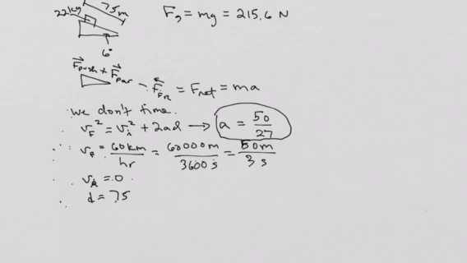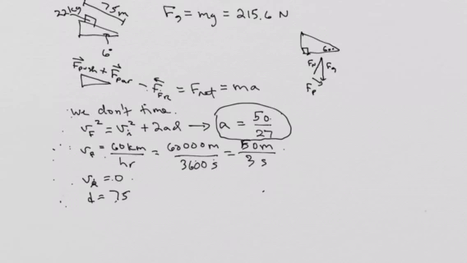Let's do some more drawing. And that is 90 degrees. This is 6 degrees. And I'm going to do what I did before. I'm going to orient my three forces. Force of gravity pulling straight down. The normal force, same orientation as the slope. And finally, the parallel force going down the hill.